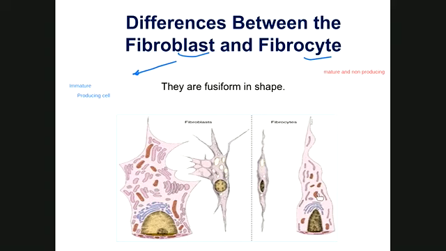The nucleus contains more heterochromatin than euchromatin. It means that this cell is not active. We have few organelles, and the organelles which we have in the cell are only enough for the needs of the cell. The cell is like a retired cell. The cell is the resident of our connective tissue, but it cannot produce anything.